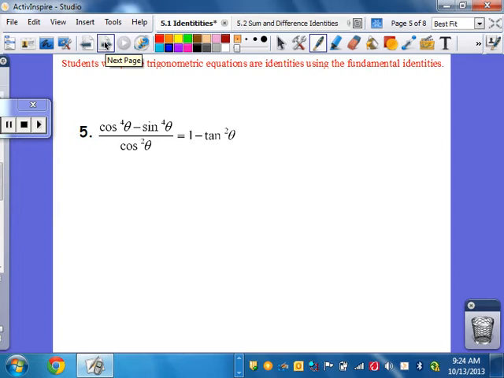If you ever have cosine to the 4th power theta minus sine to the 4th power of theta, you're going to want to factor that. This is a difference of perfect squares, no different than if we had an x squared minus 9, you would go x plus 3, x minus 3.